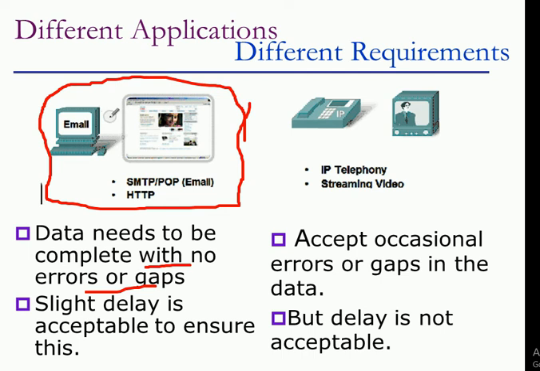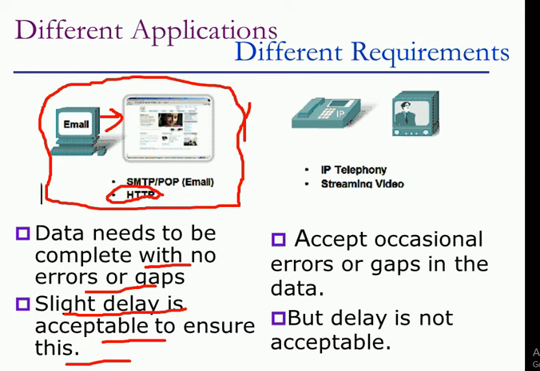If there are errors, a very important email could be skipped, and I may not receive it. Emails are serious matters, and HTTP also. I need to keep my website secure and do the data transfers properly. A slight delay is acceptable to ensure this, but a big delay is not acceptable because you need everything on time. If I send you an email today and it reaches you after 2 days, that could cause a problem.